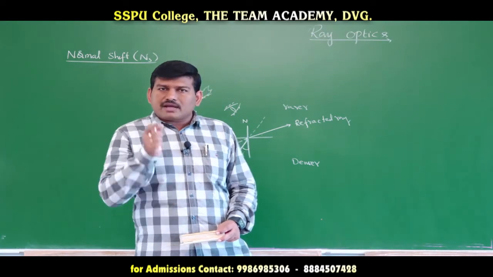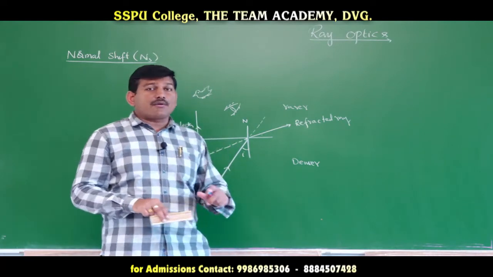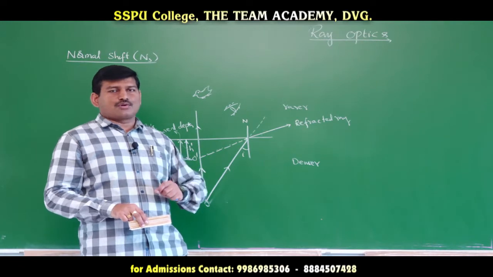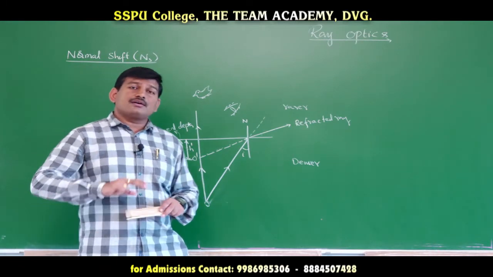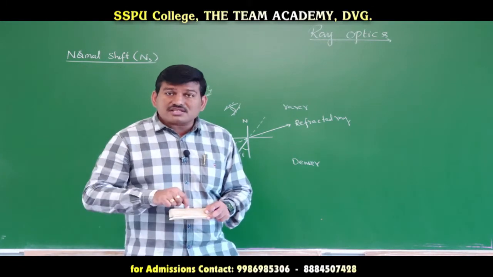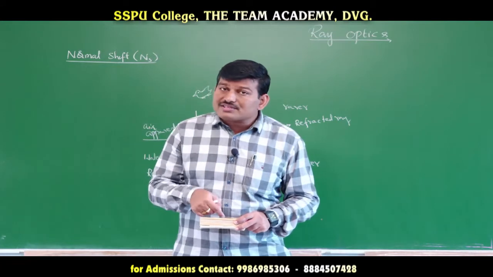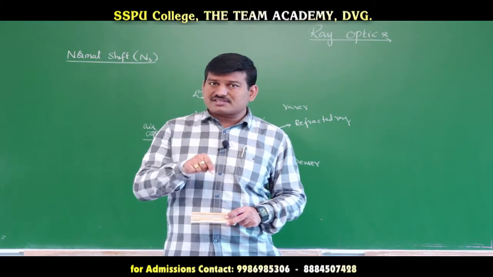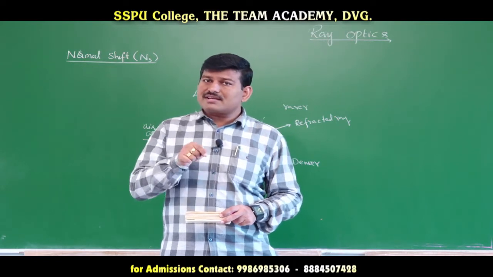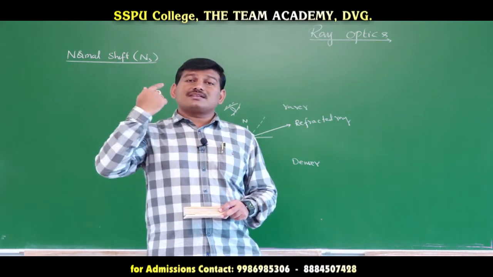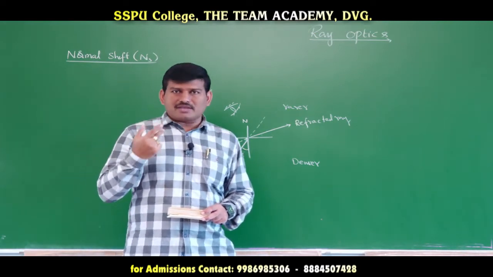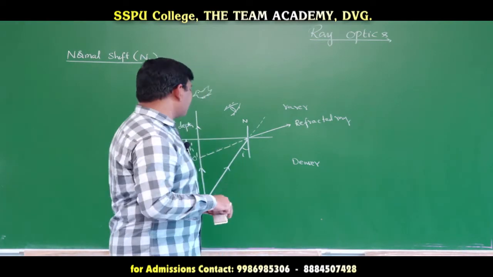That means when the observer is in the denser medium and the object is in the rarer medium, the object appears to be farther for the observer. Is it clear?